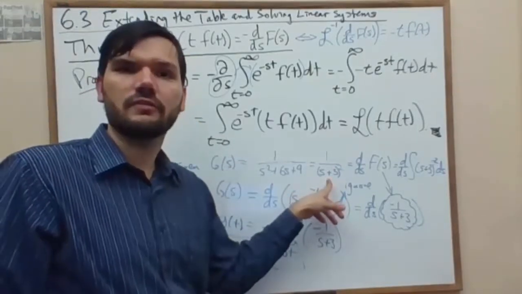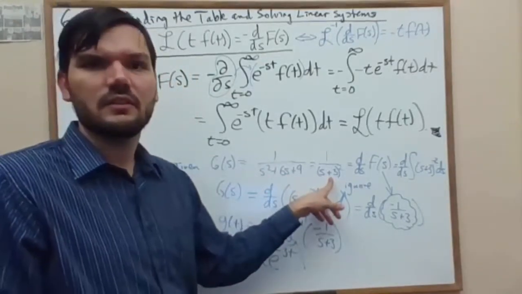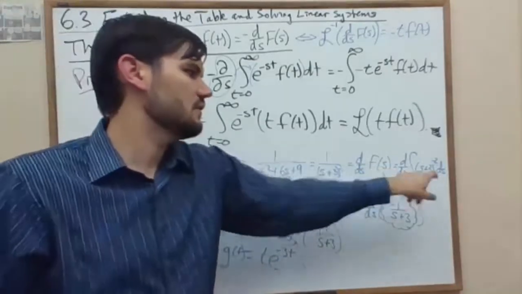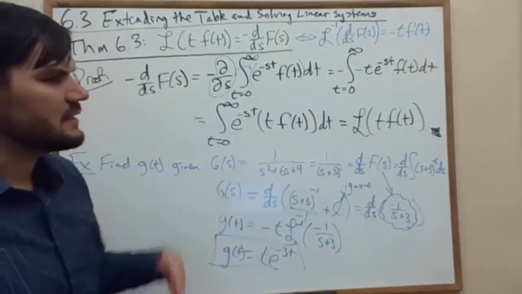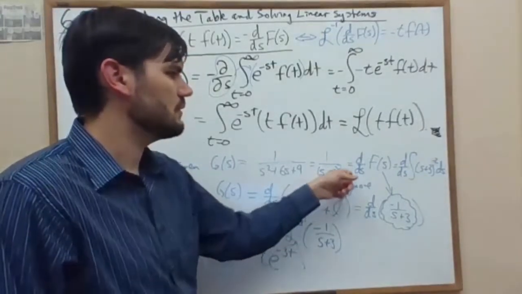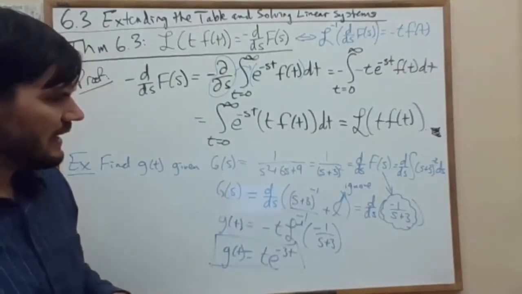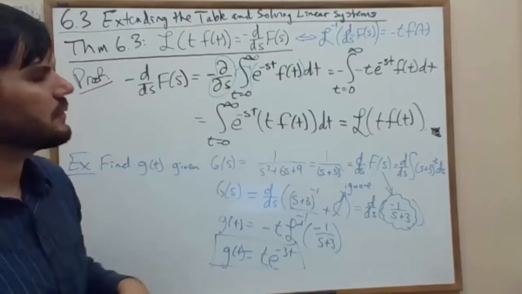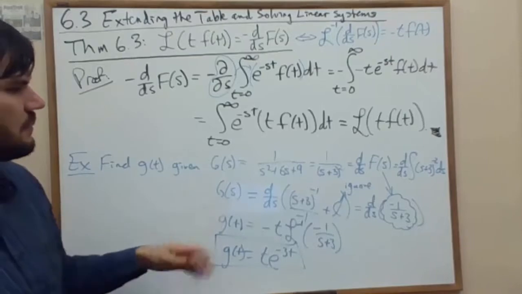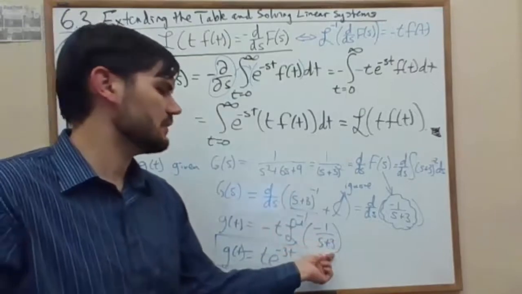We could have used partial fractions actually in this case, but instead I recognized that this is a fairly simple integral there, to allow me to write it as a derivative of some function. So I found a function whose derivative equals 1 over s plus 3 quantity squared. And that allows me to use my theorem 6.3 to write my inverse of this big transformation as a negative t times the inverse of a much simpler function.